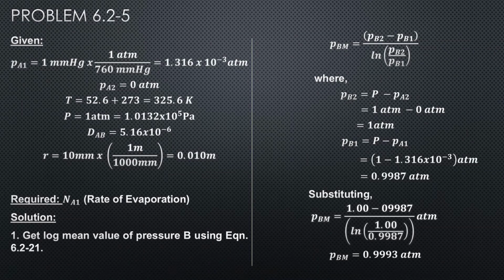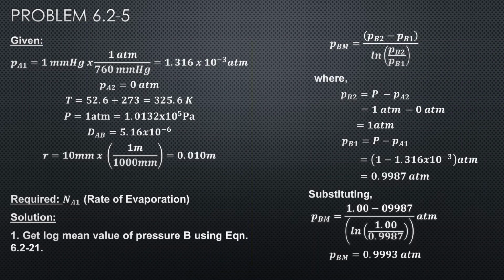The given is the vapor pressure of naphthalene at 52.6 degrees Celsius, which is 1 mmHg, converted to atm to be 1.316 times 10 to the power of negative 3. Then the vapor pressure of naphthalene at point 2, which is pure air, is equal to 0 atm. The temperature is 52.6 converted to Kelvin to be 325.6.